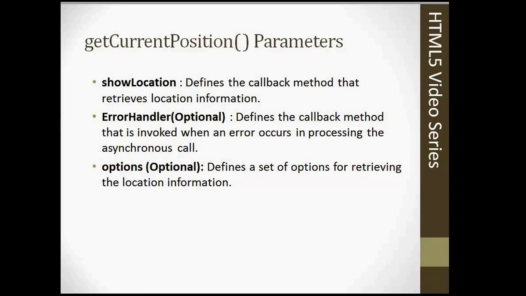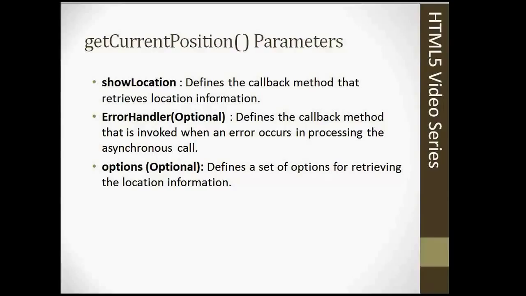Okay, so like I said in the last slide, the getCurrentPosition method takes 3 parameters, and first is the required parameter of showLocation. This is a handler method that gets called if the position is obtained successfully, and this method is specified by the success callback parameter, which I'll display in the programming part of this section.